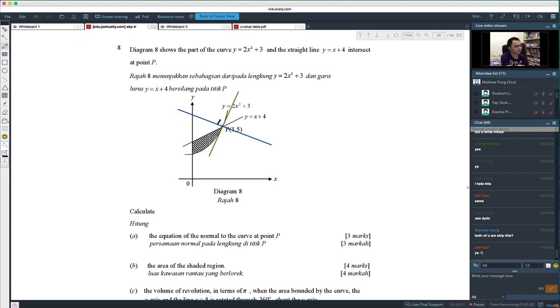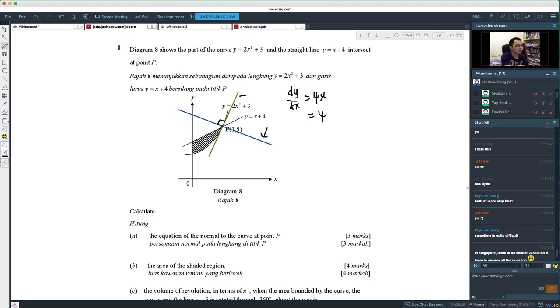Alright, first thing I will do dy/dx to find the gradient of the tangent. So I will have 4x if I do the dy/dx. My x value is 1. I substitute into here, my gradient is 4. So 4 will be the gradient for the green line.